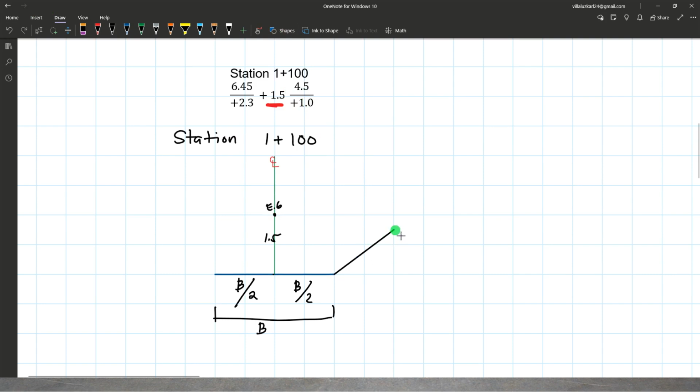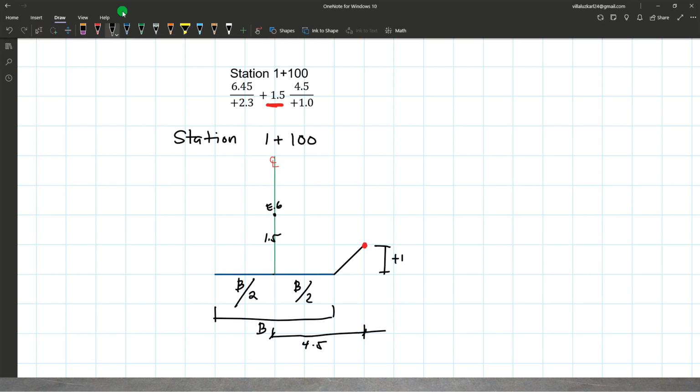So let's say 4.5 horizontally is about right here, and positive 1 is a bit lower here. So let's say this is your side slope here, because I assume that this point is positive 1 and 4.5 from the center.